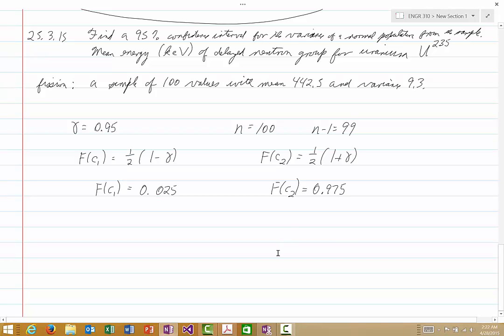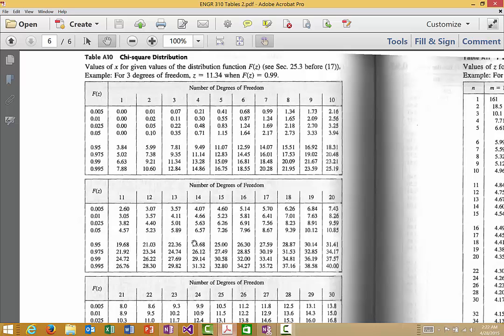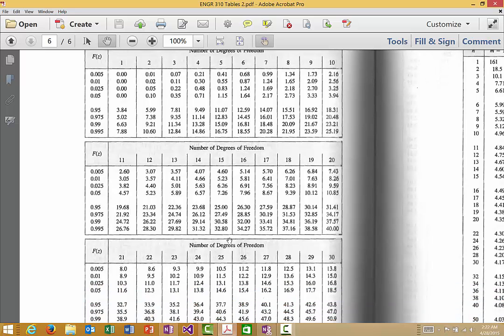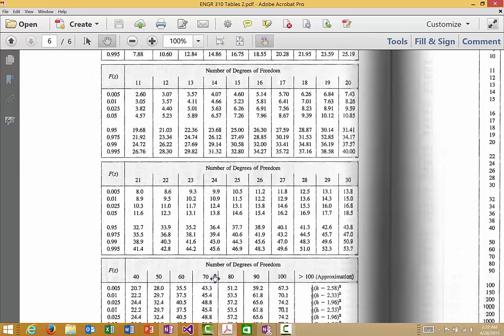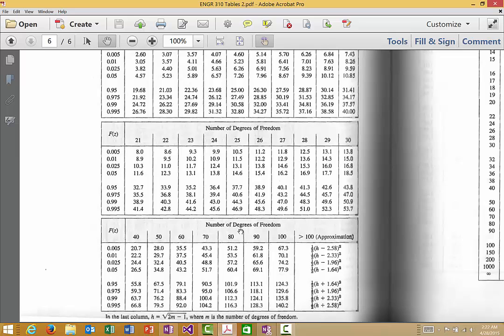Now if we go back to that table, number of degrees of freedom equal to 99, well, let's go down here to the bottom of the table, and you see that actually we don't have an entry for that. We have number of degrees of freedom is 90, and 100, and more than 100. Well, since 99 is closest to 100, we'll use the values in the column for 100 degrees of freedom.